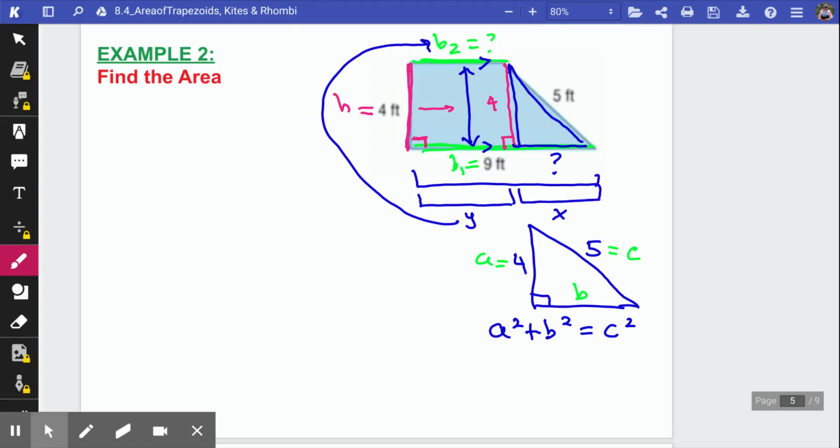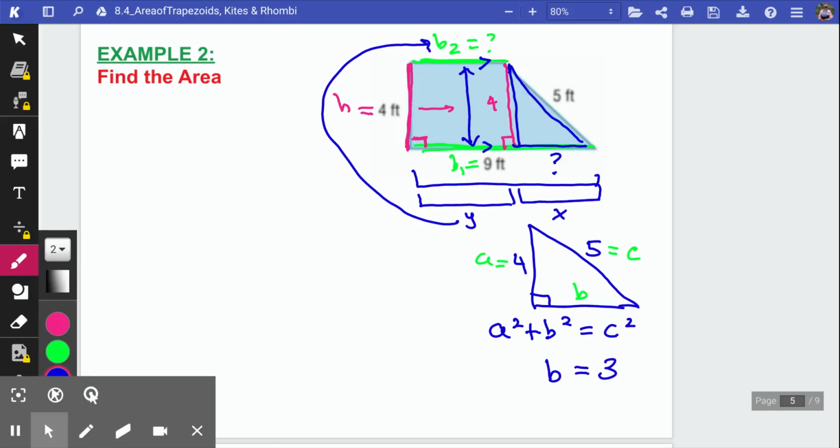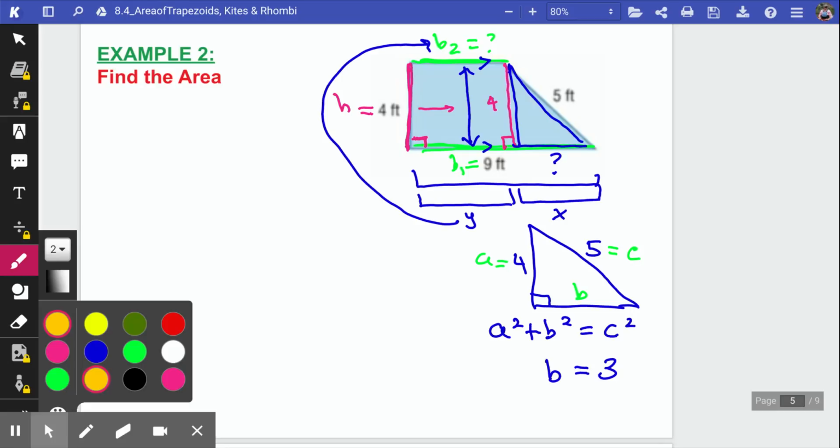But if you do, stop the video, make sure you can do the Pythagorean theorem, and that you get that value b is 3. So since that is 3, okay, so this length right here is 3. And the total is 9, then this length right here must be 6, okay?